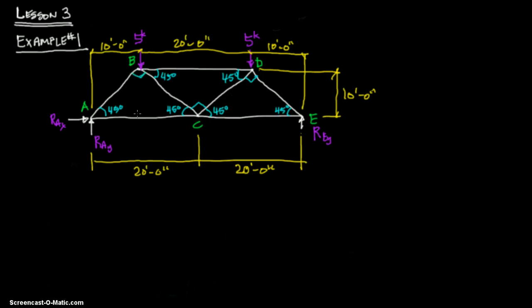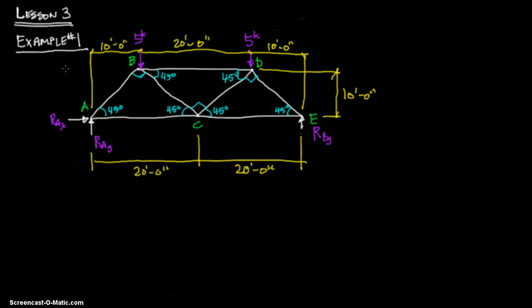All right, so all of our angles are labeled, which I like to do. It just makes it easy, and then we can go ahead and get started. First thing, we know that RAX equals 0. If you go back up to the diagram, it shows a pin on the left side and a roller on the right side.